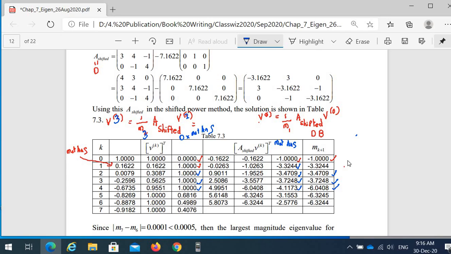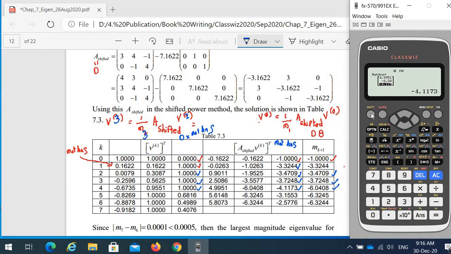So the next, V5, take max answer, divide, take this value, negative 6.0408. So this is V number 5, negative 0.8269, 1, 0.6816.